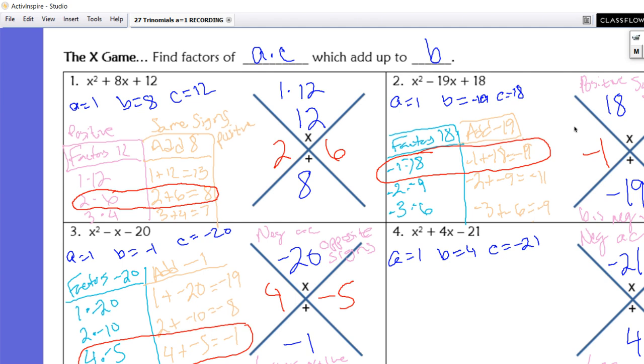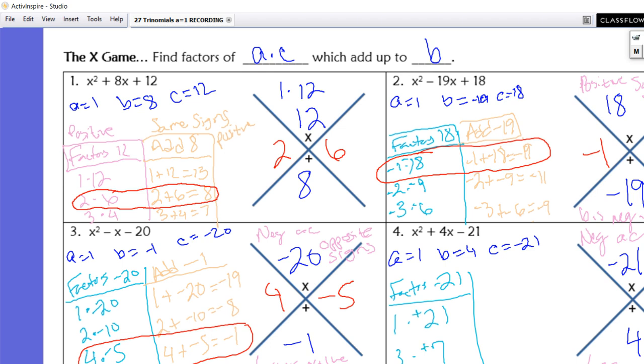Okay, now let's do our factors. So our factors for -21, ways to multiply to -21 are going to be 1 times 21 and 3 times 7. The larger one is supposed to be positive, so I need a positive 21, a positive 7.